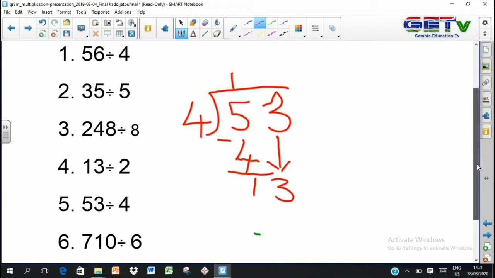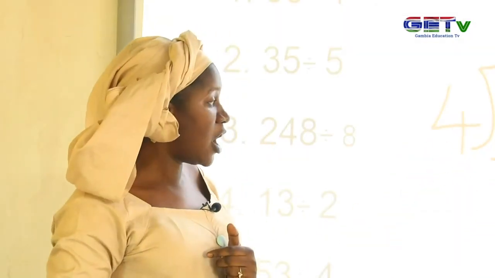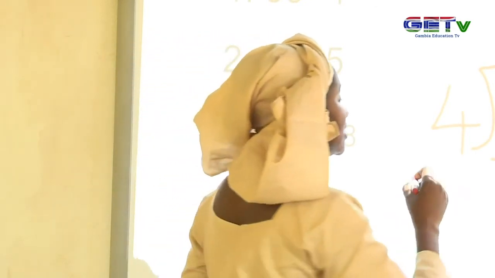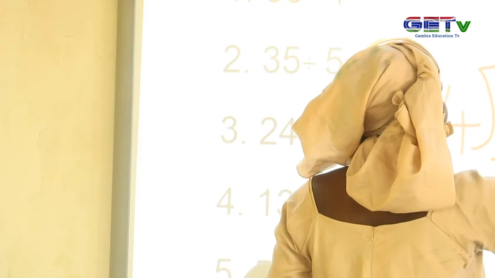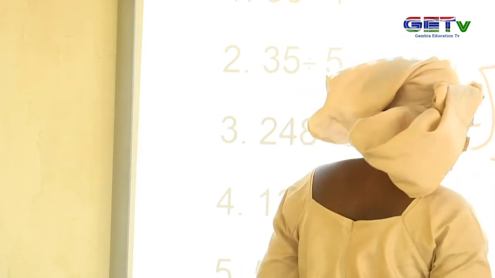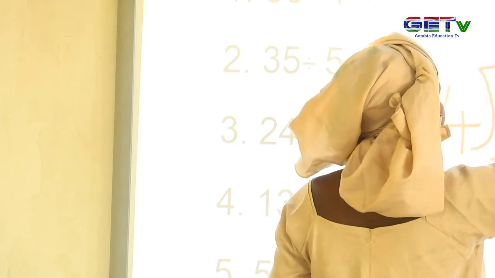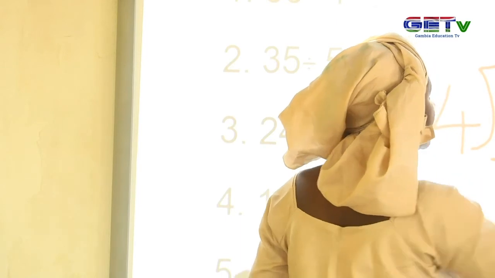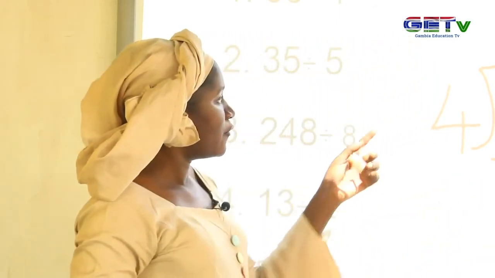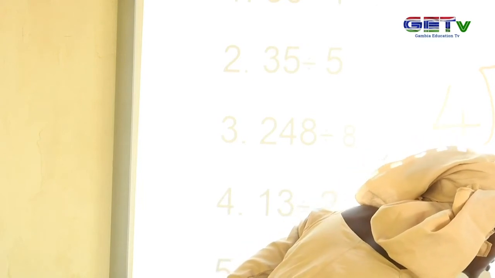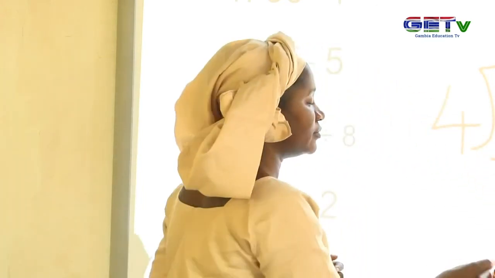13 divided by 4. How many 4s are in 13? That is 3 times. 4 times 3 is 12.